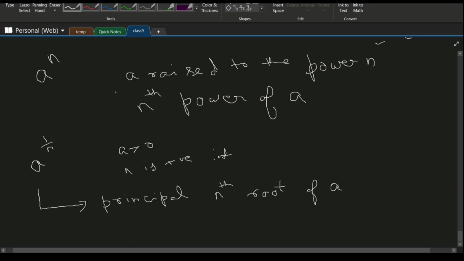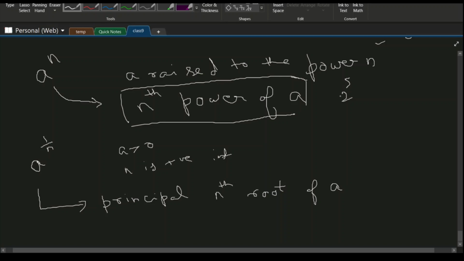So see the difference here. This thing here we were calling a raised to the power n, or nth power of a. Okay, this particular quantity a raised to the power n we were calling nth power of a. For example, 2 raised to the power 5 will be called the fifth power of 2, right? But in this particular case, a to the power 1 by n, we are calling it the principal nth root of a.